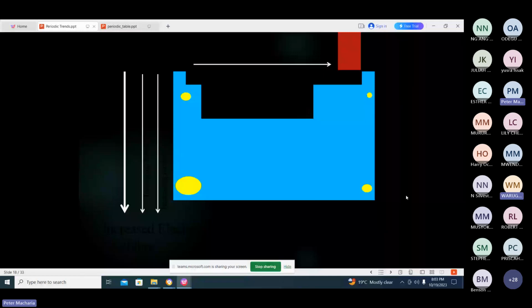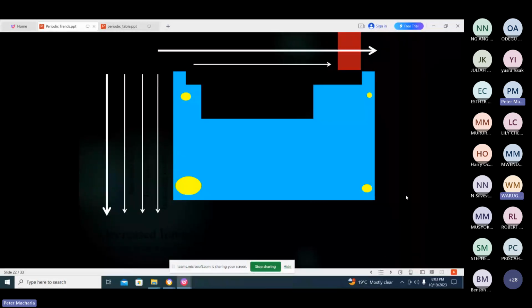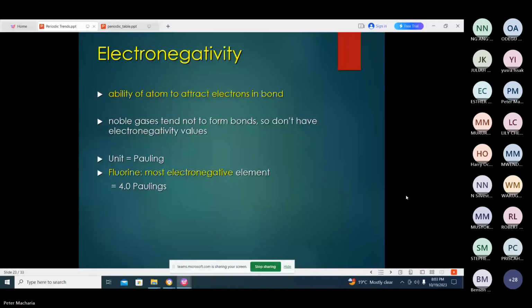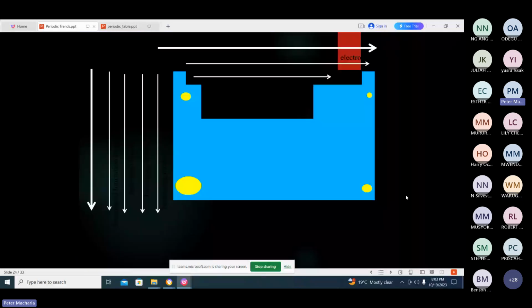So for example, in group 7, fluorine is the most electronegative element and the most reactive. In group 6, oxygen is the most electronegative element and the most reactive, and the reactivity decreases down the group.